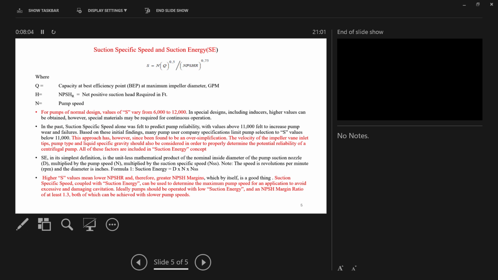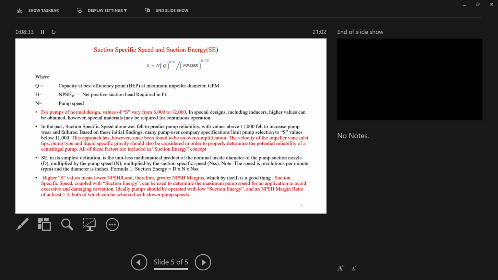I think I have discussed the specific speed, suction specific speed, and their importance in all the slides. If you go through the slides, you will certainly understand the importance of specific speed. Specific speed means bringing down the size of the pump so that it discharges 1 cubic foot, at a differential head of 1 foot.